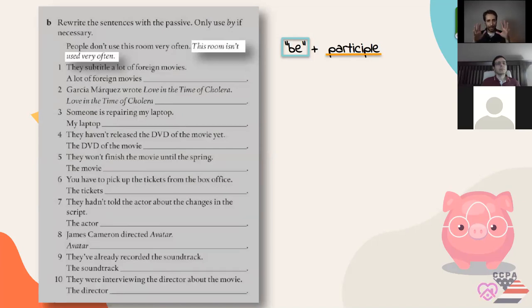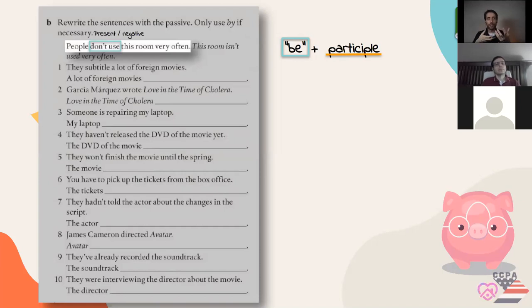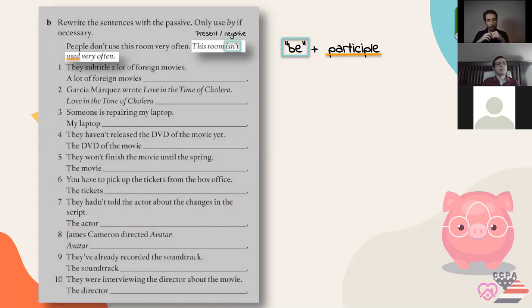Now, what is the key here to establish how to create our passive form? We need to identify the verb in the active version and understand what the characteristics are. In this case, we are using a verb in the present and it's negative, yes? So we will take those characteristics and use them in the be part of our participle structure.